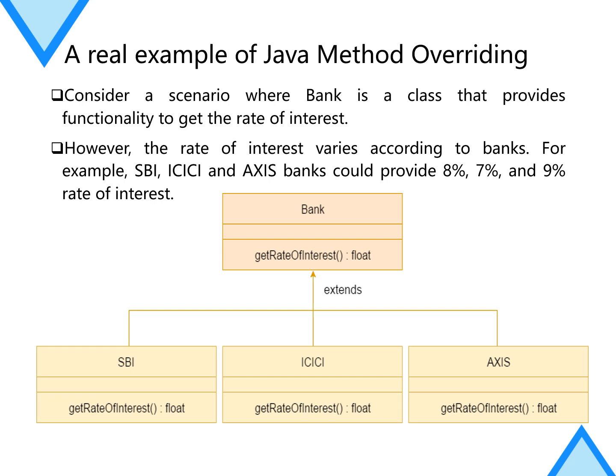We have one class named Bank with a getRateOfInterest method of type float, and we want to extend the Bank class through each type of bank like HBL, ABL, and UBL, and every bank must have a different interest rate.